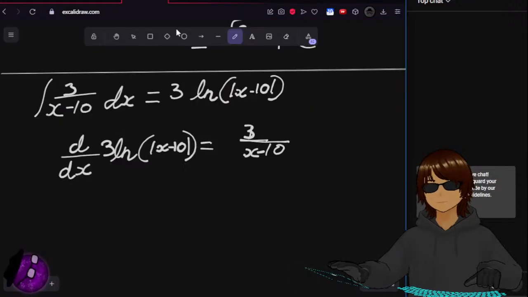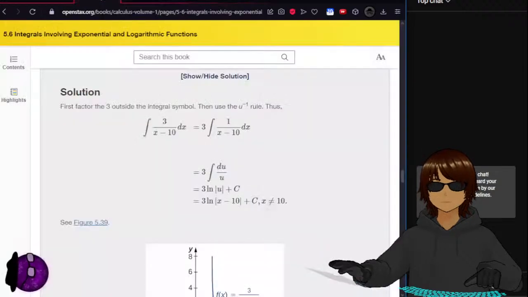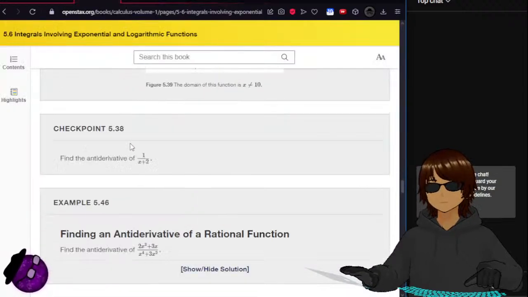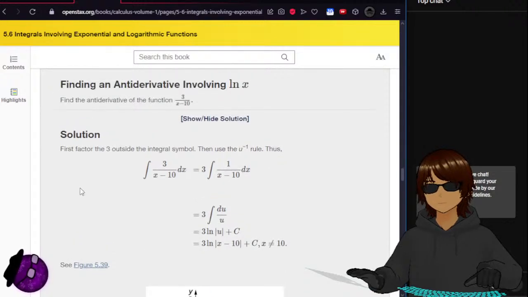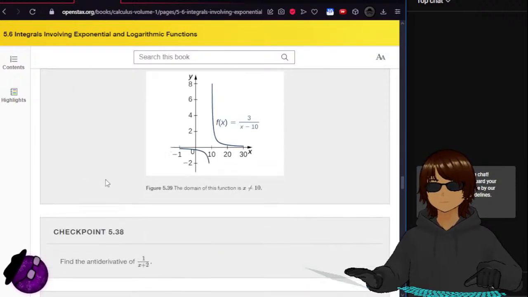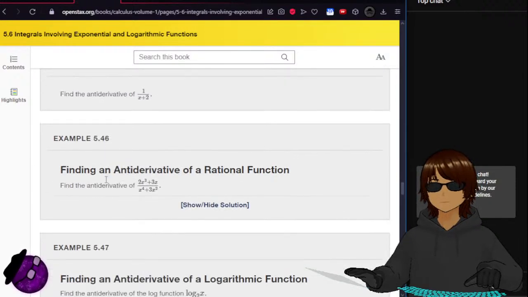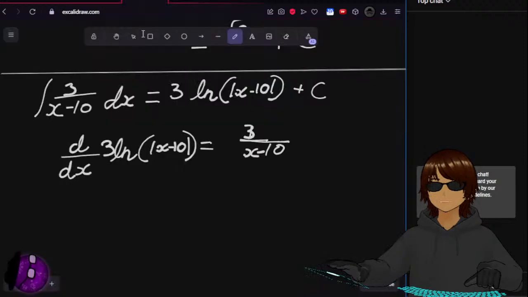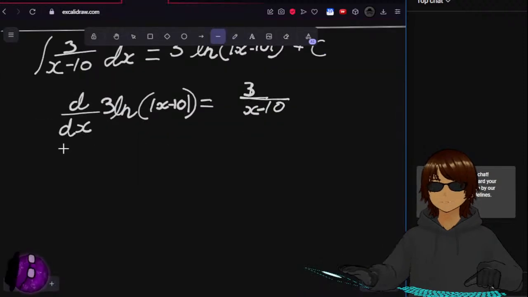Yeah. Find the antiderivative of this. Okay, this one looks difficult.